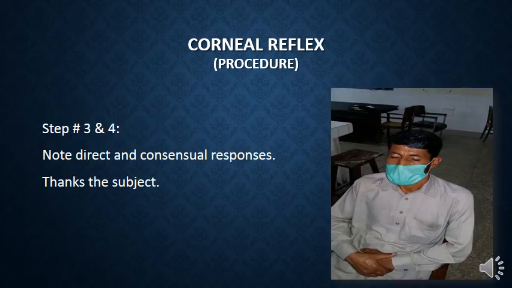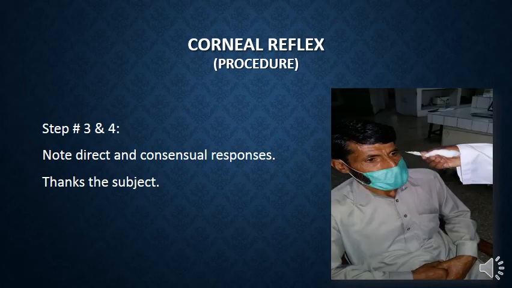After touching the cornea or conjunctiva, the eyes will blink. You will repeat the procedure for the opposite eye and will note the direct and consensual responses. Finally, you will thank the subject.